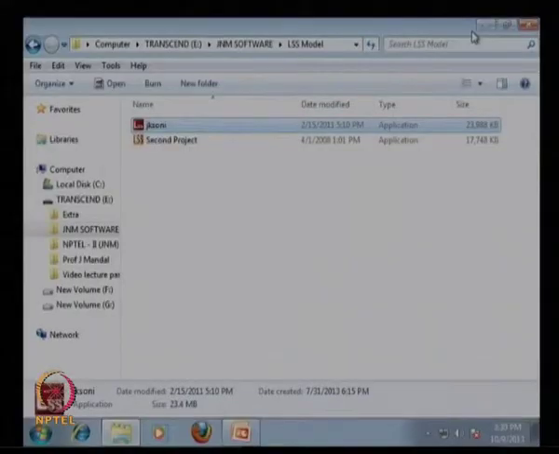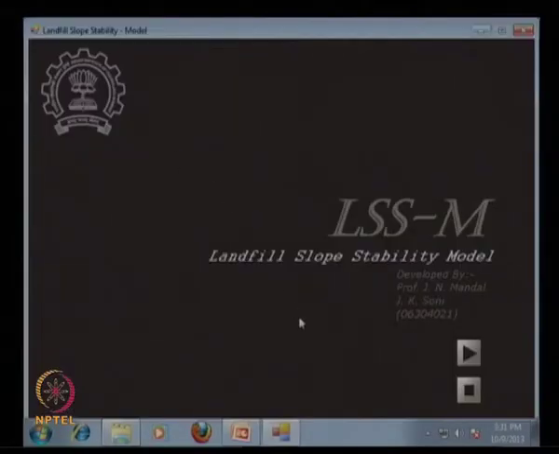Now, I will show our landfill slope stability model. When you design the landfill, you require a proper kind of design. So, when you design this landfill, you must go through all these points, maybe near about 29 points.